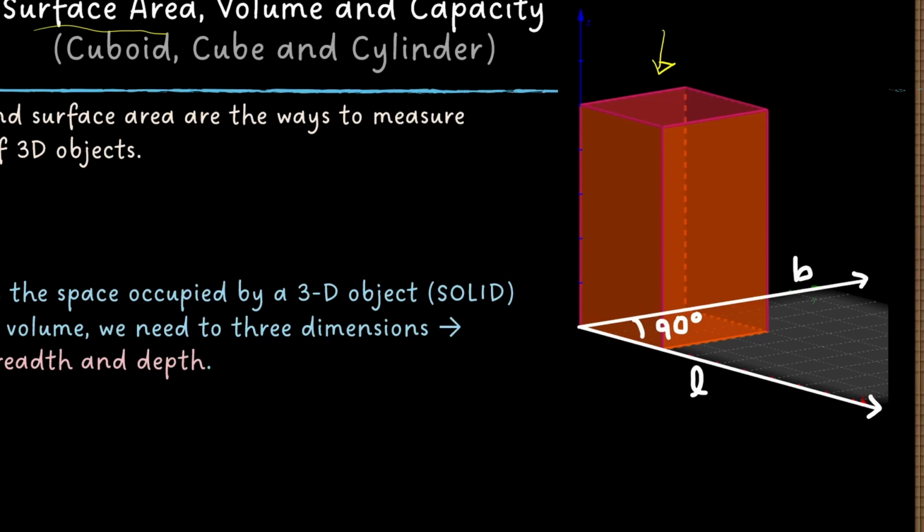The third dimension is the height or depth, and this height is perpendicular to both the direction of length and the direction of the breadth. So this angle is 90 degrees, this angle is also 90 degrees. So this direction, height, is perpendicular to the plane of the length and breadth.